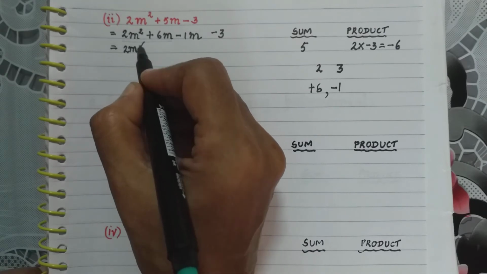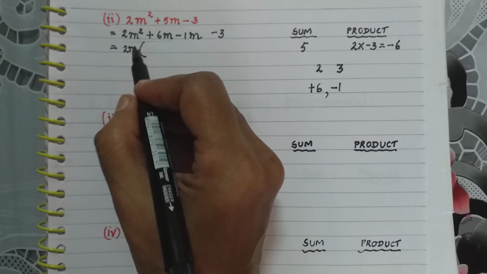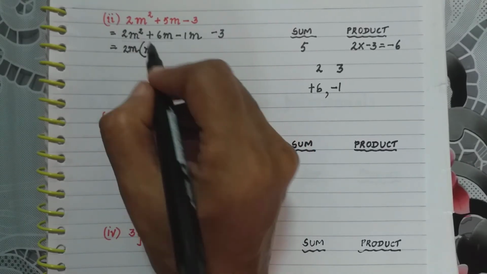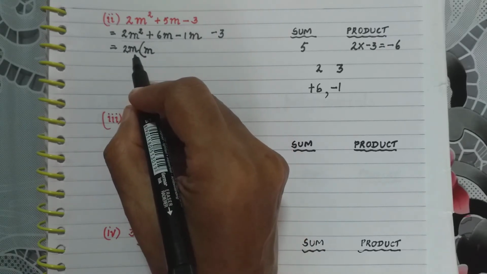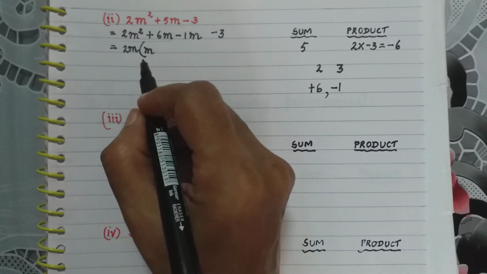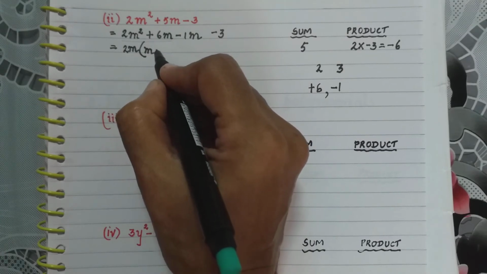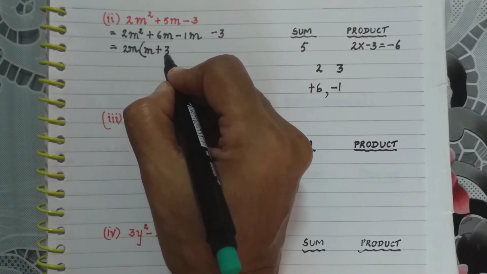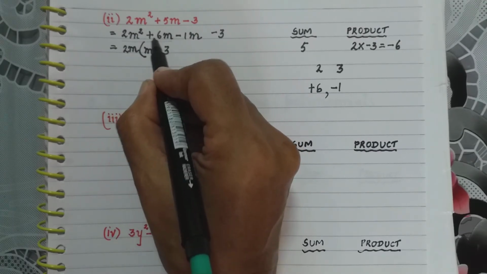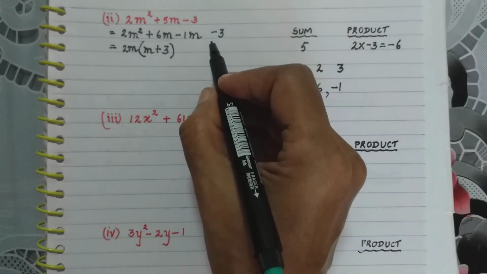Then I can put the bracket. 2m goes in 2m square m times. 2m into m is 2m square, so this is right. Now 2m, how many times does it go in 6m? M is there, so that is okay. 2 goes in 6 3 times, so I can write 3. Let me see whether it is correct. 2m into 3, 2 into 3 is 6. M into 1, that is m. So this is correct. I can close the bracket.